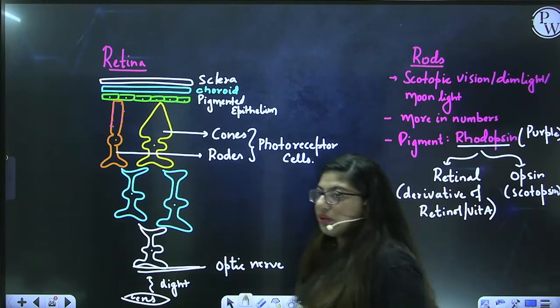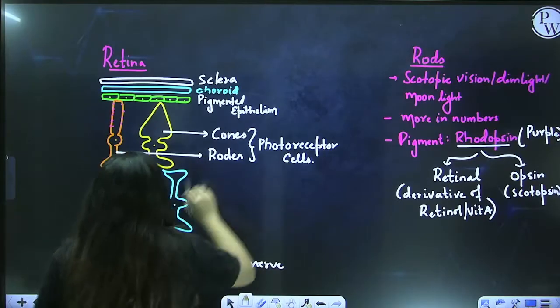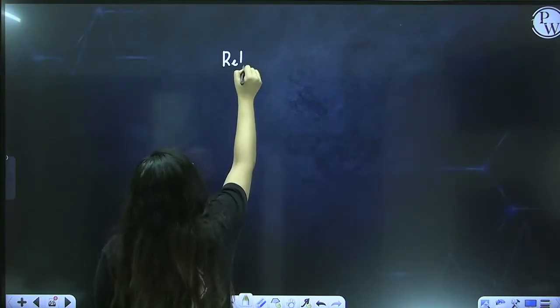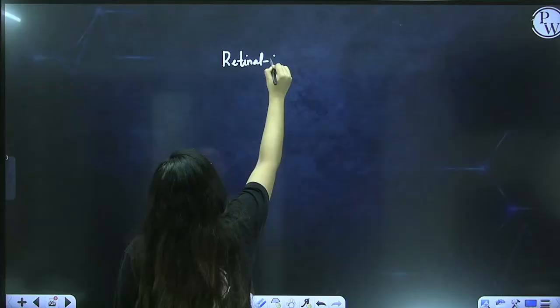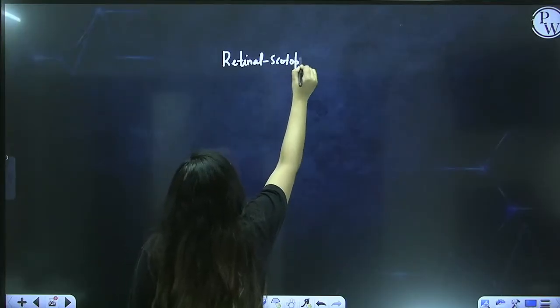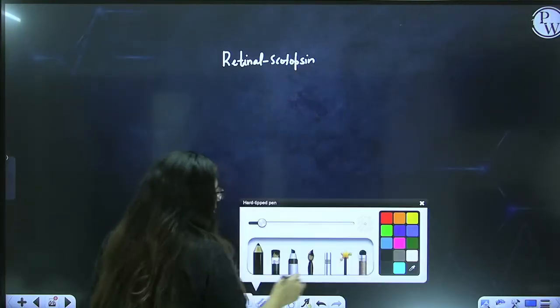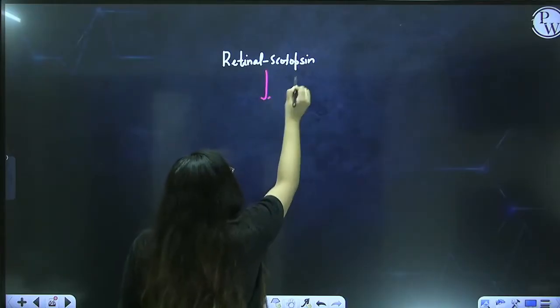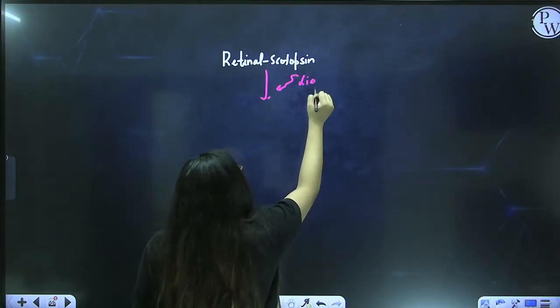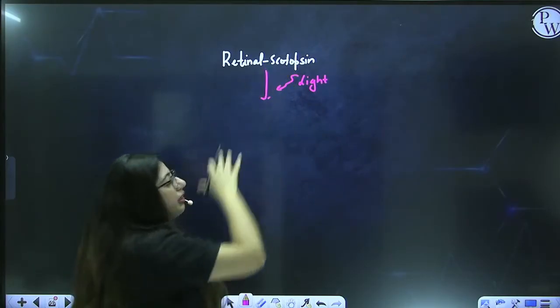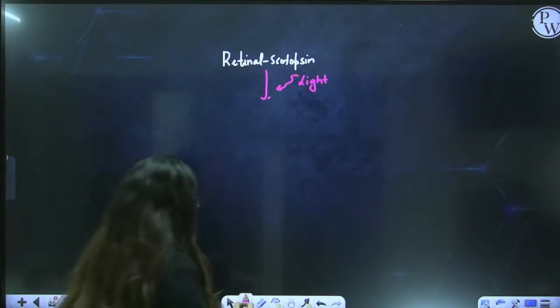Now how do you see? For example, this retinal is always attached with this scotopsin. This is how they are married to each other. Now, when the light comes, this light will dissociate them. They will get separated.